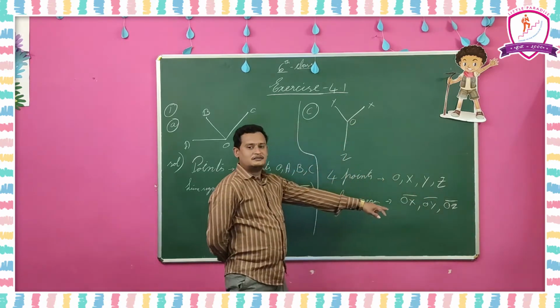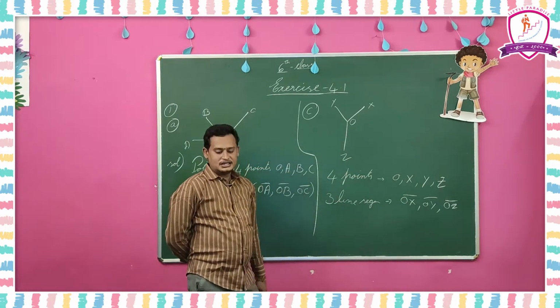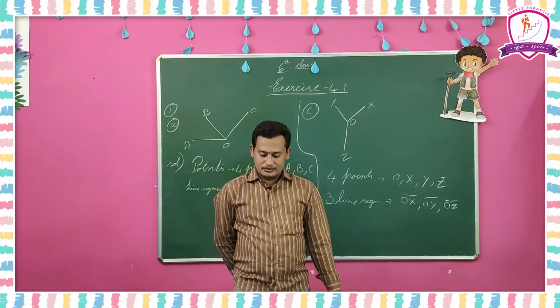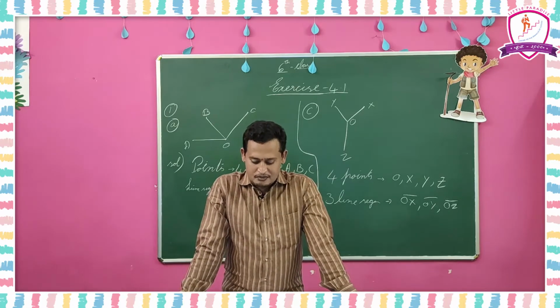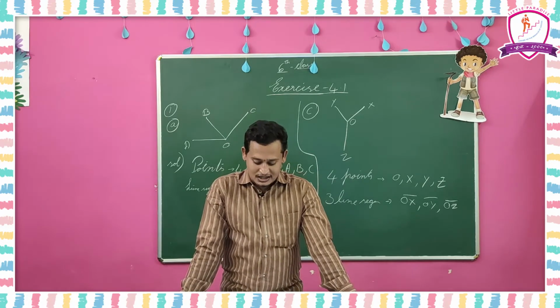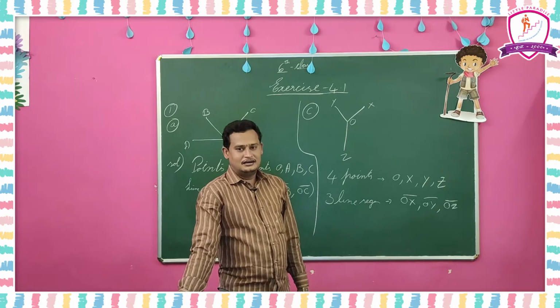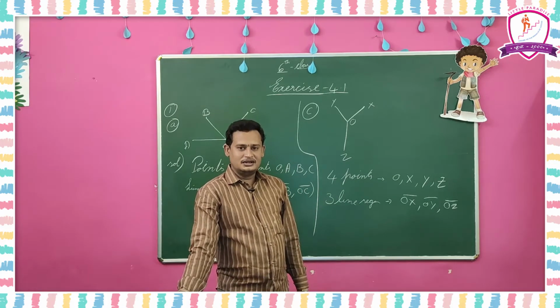These 3 are the line segments and those 4 are the points. Like that only, you must find how many points and how many line segments are there in B and D figures. You have to try it yourself.